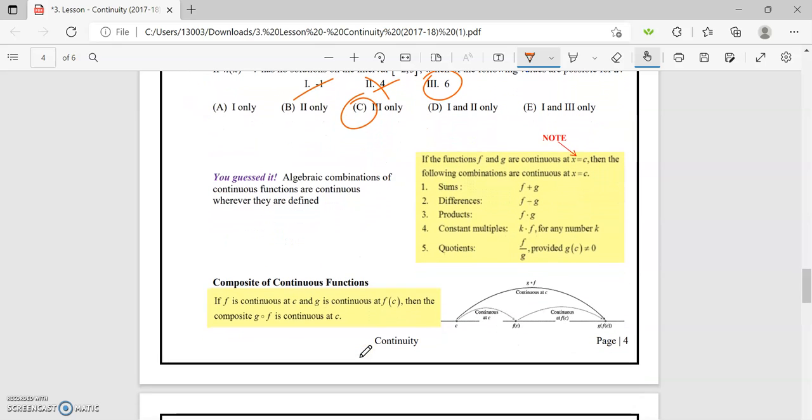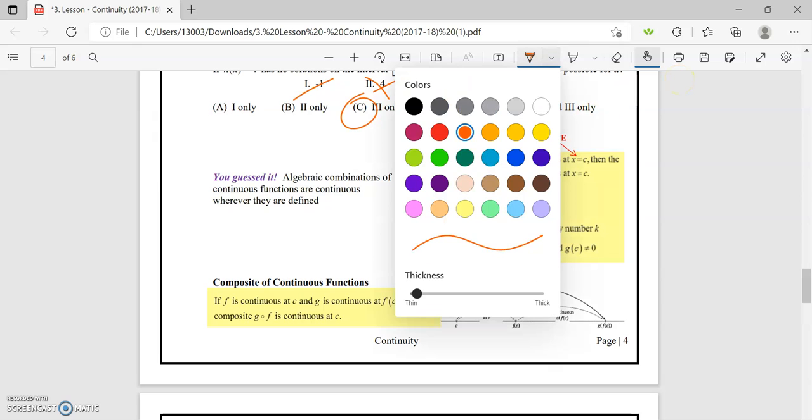Now, we are not going to focus too much on this, but I will touch on this very briefly. It's talking about the composites of functions. So if I have a function f of x, and we know it's continuous, and we have a function g of x, and we know it is continuous, then if we were to combine these, just real quick, I will try and give an example of this.